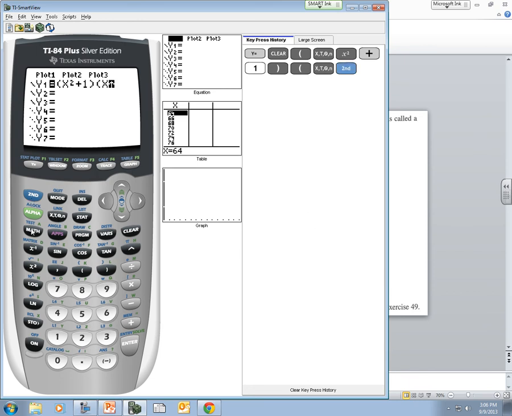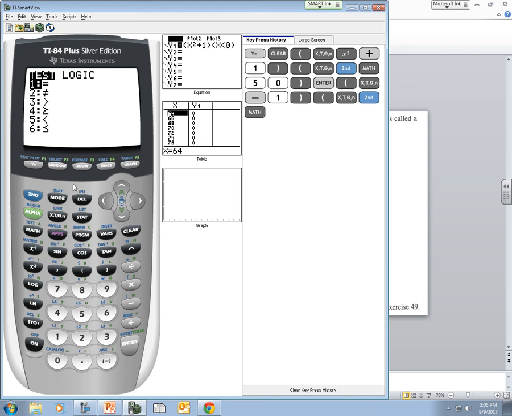I go to the second math menu, which is this test right here, and choose the less than, number 5. X is less than 0. Close my parentheses. Line 2, in parentheses again, x minus 1. Parentheses for the restraint, x is greater than or equal to, which is number 4, 0.